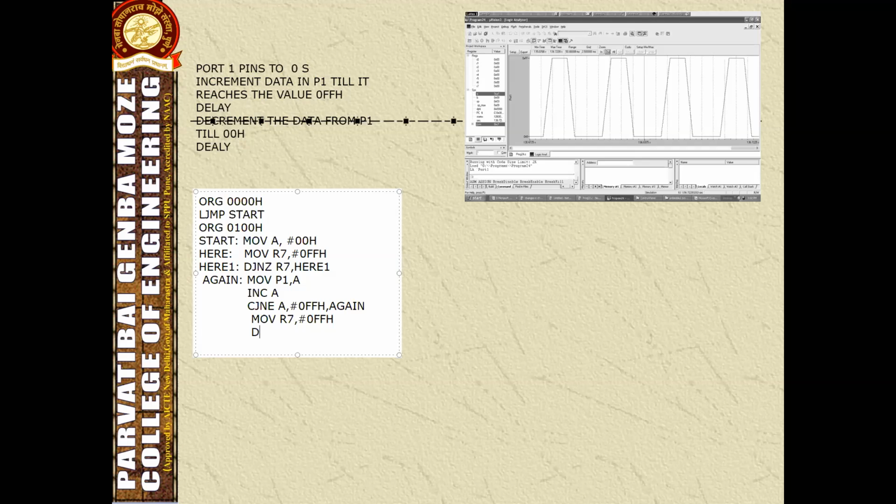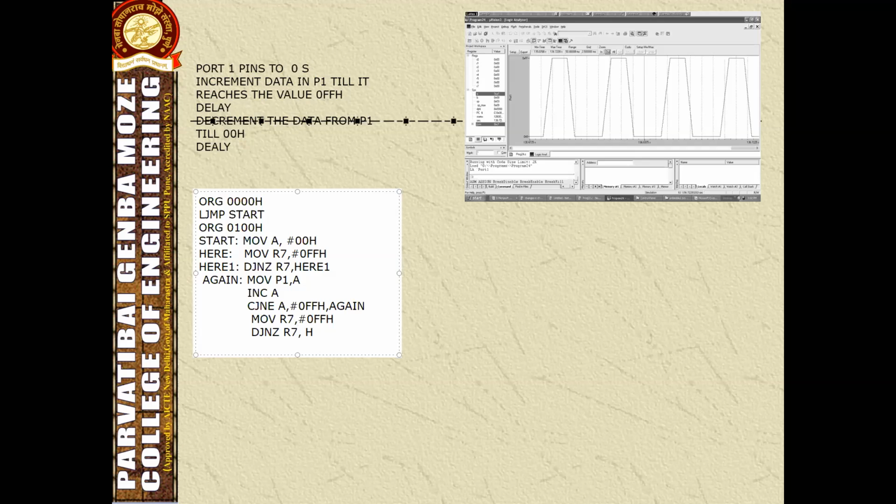So for the delay purpose we are loading R7 with this value and decrementing it, DJNZ, until the value present in R7 becomes 0. Then it starts executing the next instruction.